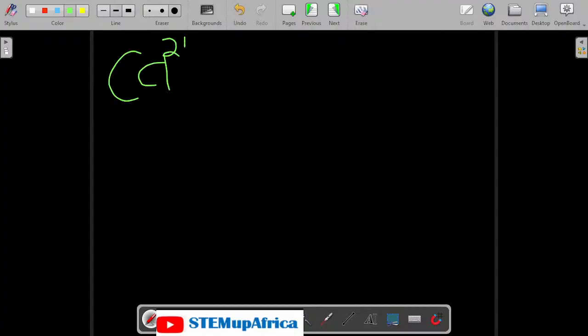So to do so, I will get the combining power of calcium. Calcium is already written like this, it's plus 2. It has the combining power of 2. Why is it so? From the first 20 elements, calcium is 20.